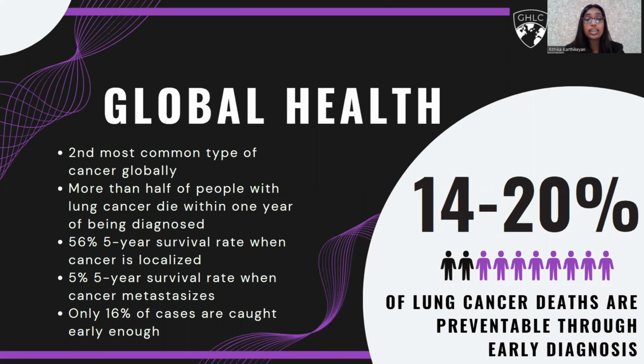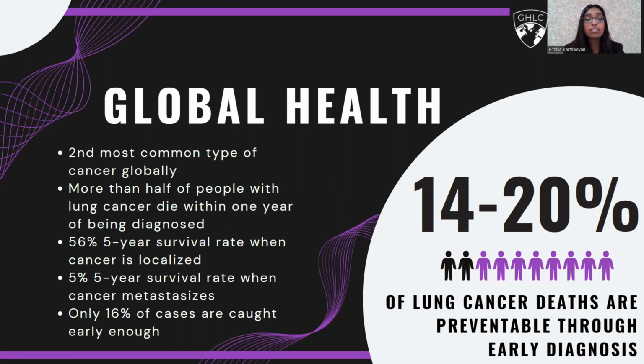So here are a few statistics that will help us understand the global burden of lung cancer and why early diagnosis is so important. About a fifth of lung cancer-related deaths could be prevented if the patient was diagnosed earlier. And for the patients who are diagnosed late, more than half die within a year of being diagnosed. That's really significant because it means the window for diagnosis and treatment is less than a year after the onset of symptoms.